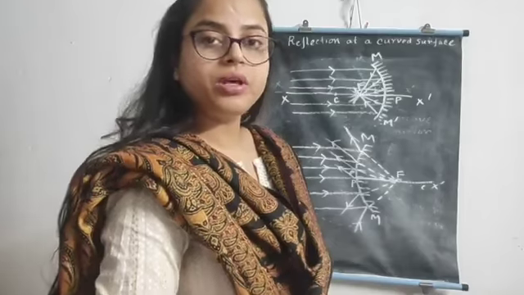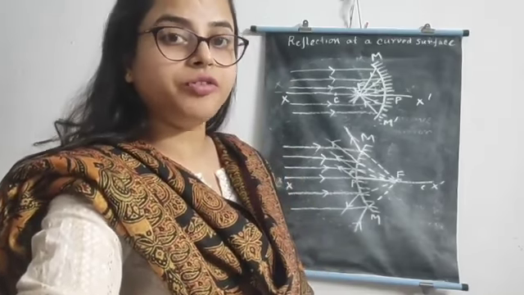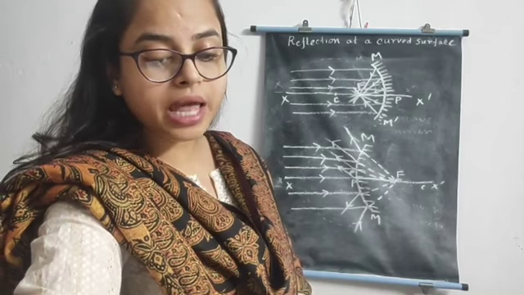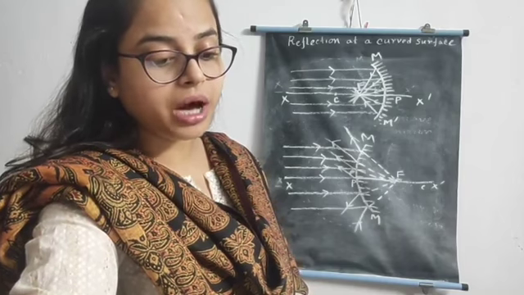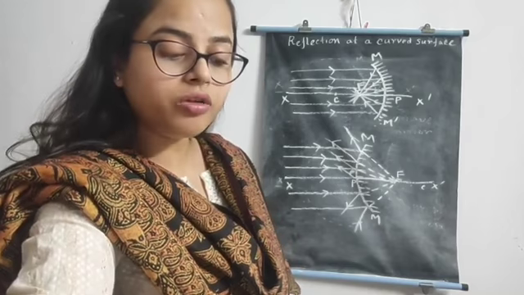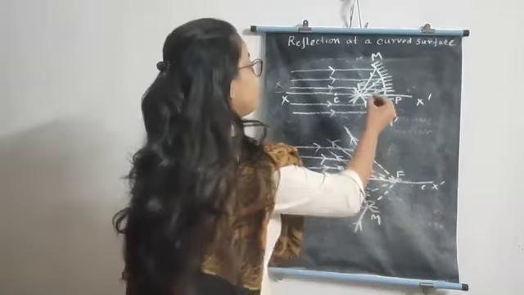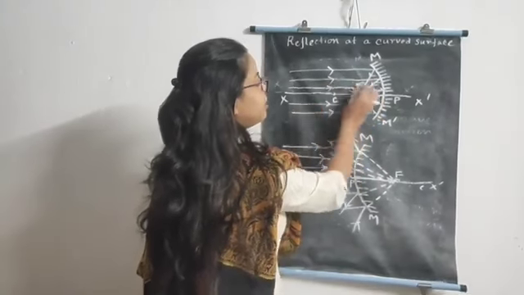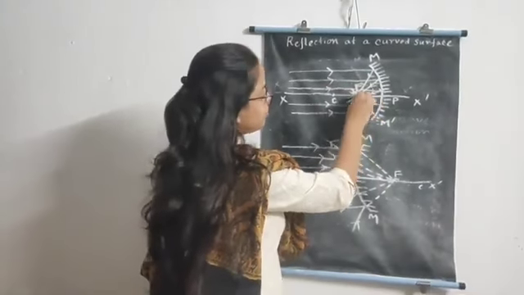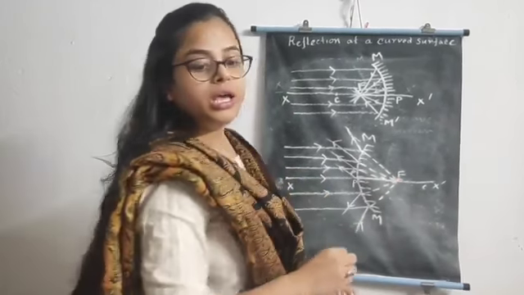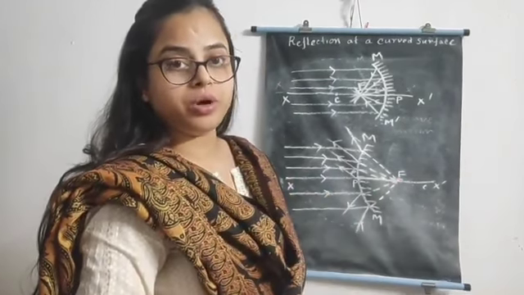There are some characteristics of focus. The rays parallel to the principal axis, after reflection by a spherical mirror, either converge to a point or appear to diverge from a point. Now, focus is the image point.